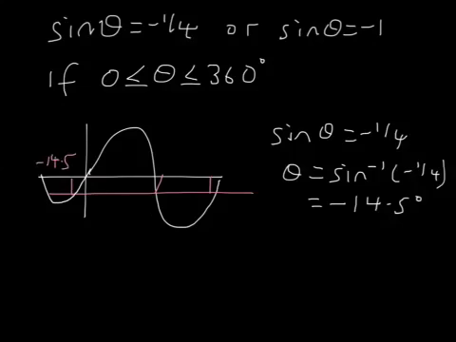Now we know that that gap there is the same as this gap here, and the same as that gap there. So therefore theta does equal that, but it also equals 180 plus 14.5, or 360 minus 14.5.